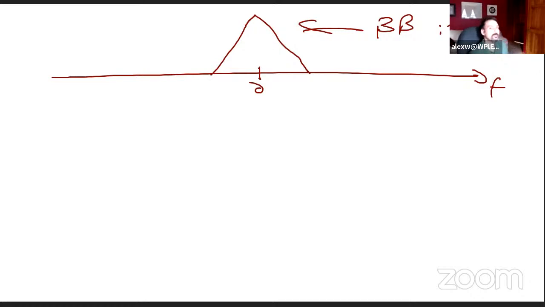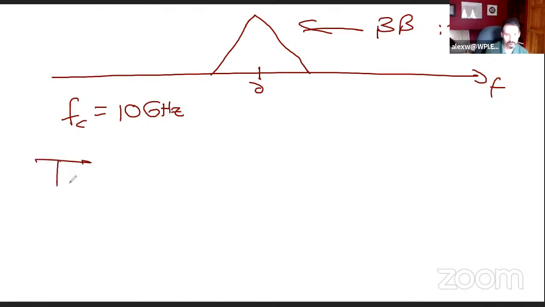But let's say my FC is at 10 gigahertz. Well, I'm going to have a local oscillator at 10 gigahertz, or it has to generate an FC at 10 gigahertz. That's a big, tall order. So what's the trick that I would do?